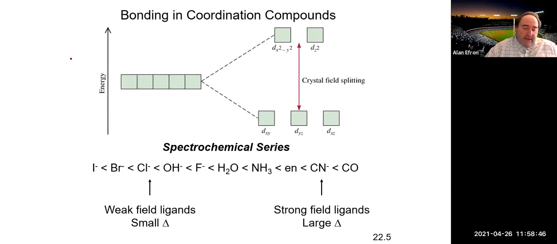And to the left, we have ones that are referred to as weak field ligands. And to the right, we have the ones that are referred to as strong field ligands. So what does each of that mean? Well, weak field means that when you have those ligands present, the splitting that we see between the lower d orbitals, for dramatic purposes, I'll draw it like that, and the higher d orbitals is going to be a really small value or small difference.